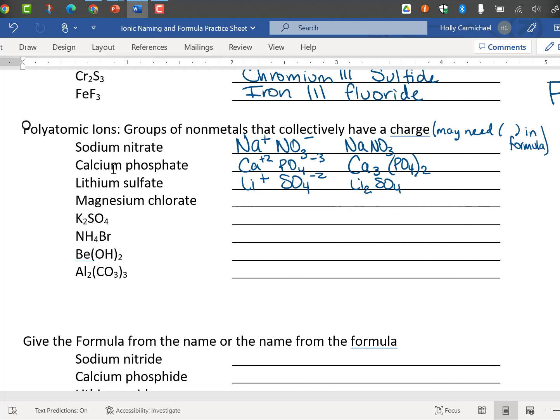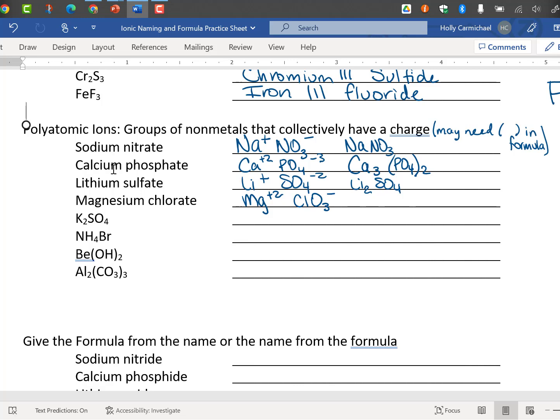All right, magnesium chlorate. So magnesium is Mg with a +2. Right? It's in group 2, so it's a +2. The chlorate, though, is ClO3. So remember, chlorine is Cl, and then O3 with a negative charge.